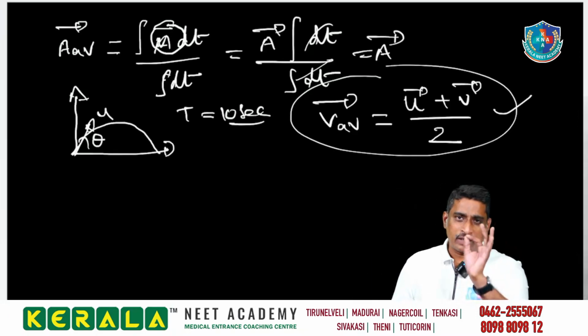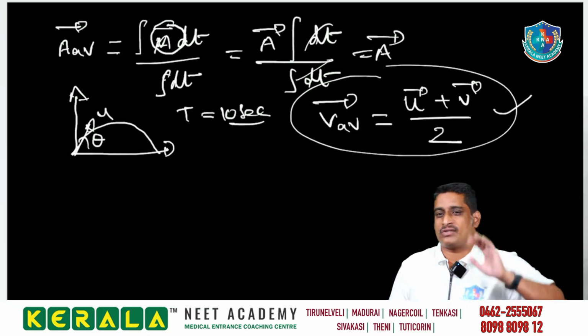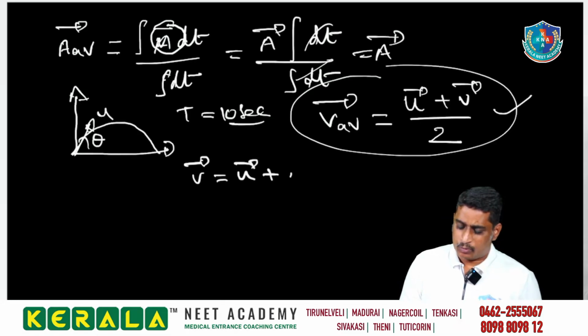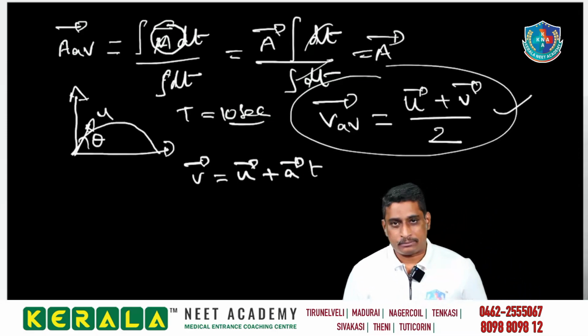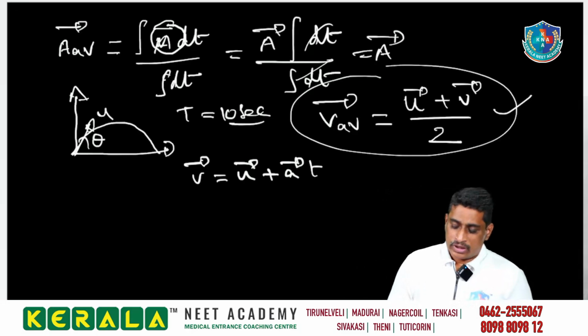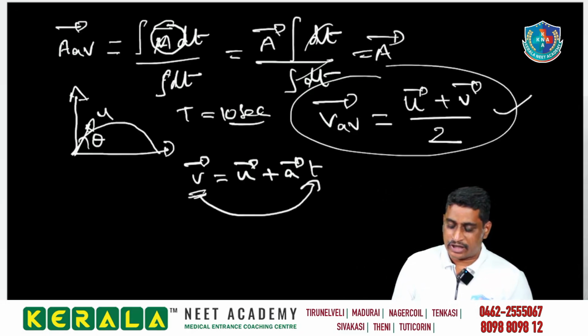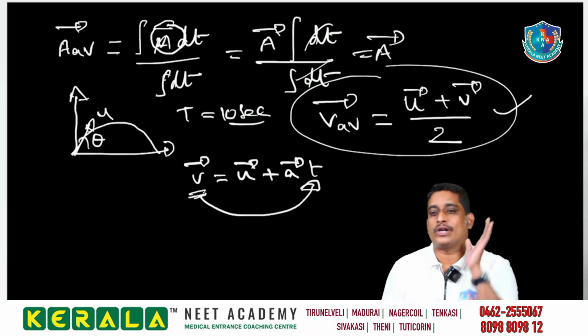Example, when a particle is moving with some constant acceleration, we know the equation for velocity as v bar is equal to u bar plus a bar into t. This is the kinematic equation you are very much familiar with. So in this equation, this velocity v bar is a function of time t. So velocity is a linear physical quantity.